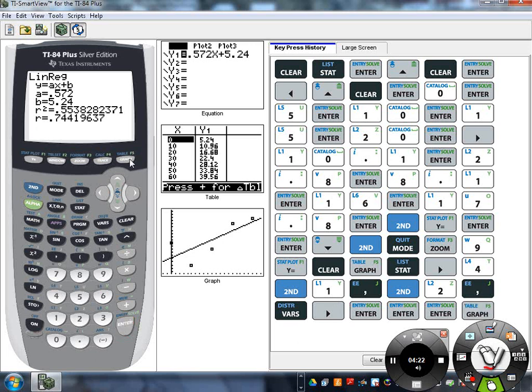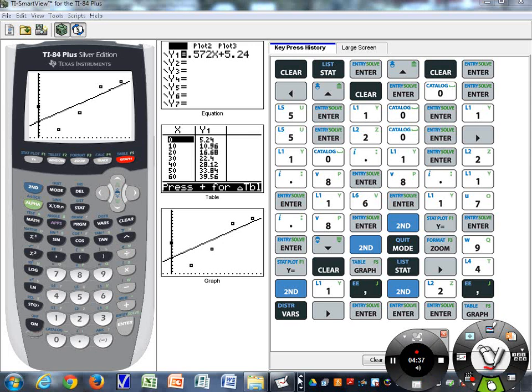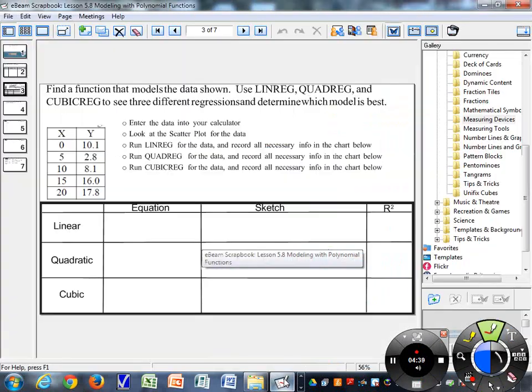And then go ahead and look at the graph. You can see the line. I mean, it's okay. It kind of goes with the trend of the data, but you can see with our R squared value, it's not that big. The data is not that close to the line. So let's make a note about what this looks like in our note guide. So you're going to make a sketch of that in the sketch area, so go ahead and do that. And then we want to write down the equation.